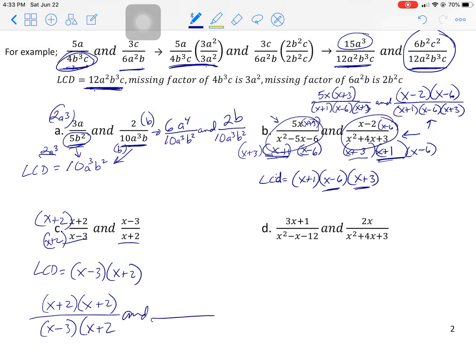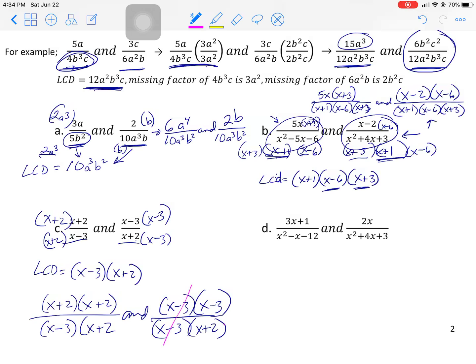And let's just write this over here because the other one has to have the same denominator. All right, so this one had the x plus 2, but it doesn't have the x minus 3, so that's going to be multiplied by it. So this is going to be x minus 3, x minus 3. Okay, so just to check and make sure we didn't go down any rabbit holes here, remember, they got multiplied by the same thing.